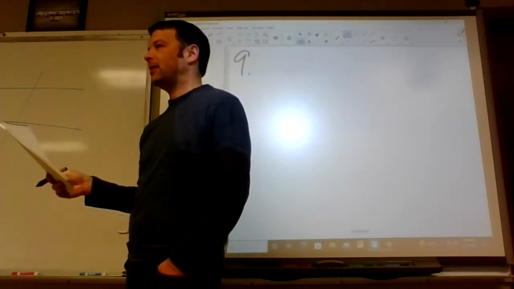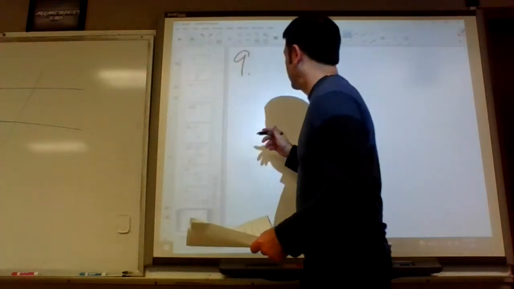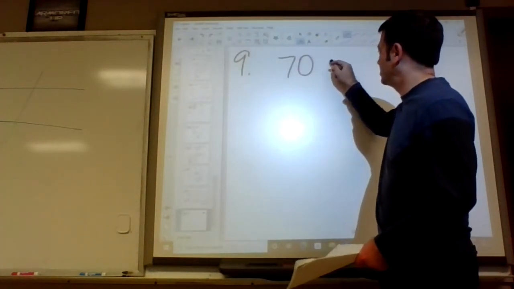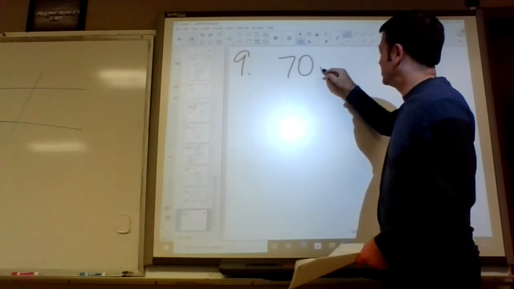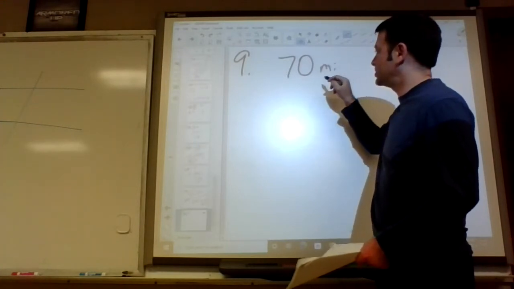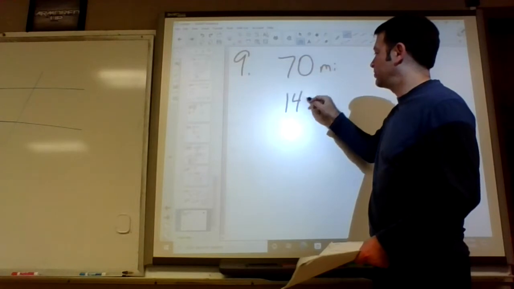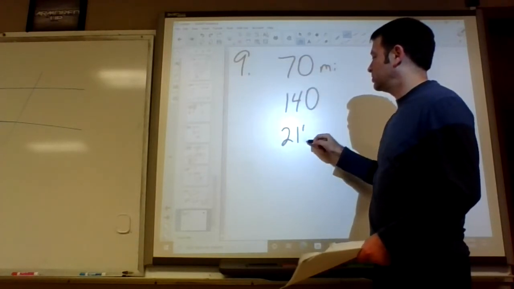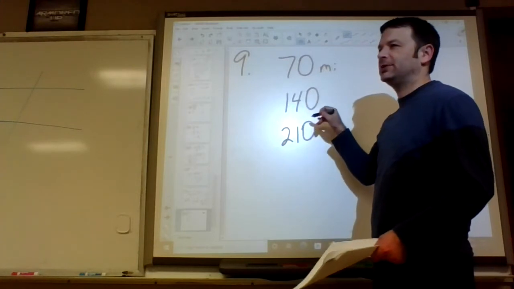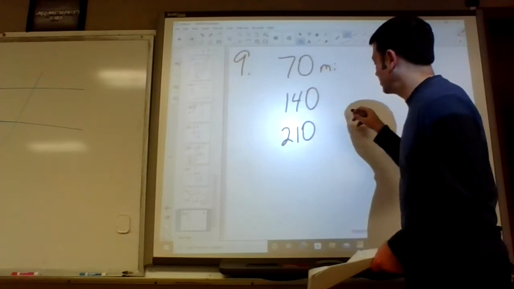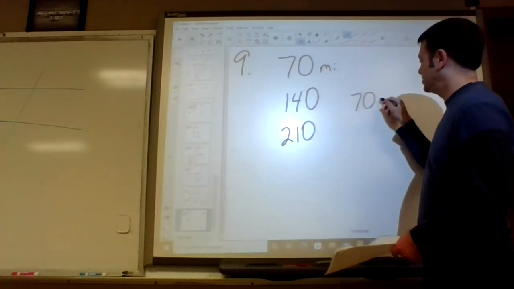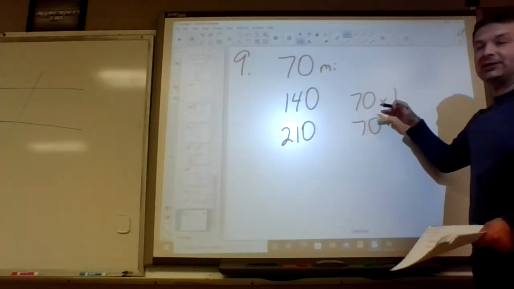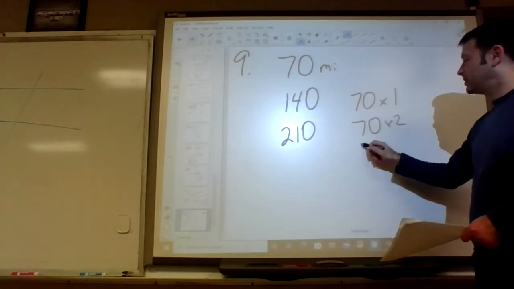A little bit more than 35 miles. So in 1 hour, she'll go 70 miles. In 2 hours, how far will she get? 140. In 3 hours? 210. Okay, what are we doing to find these numbers? We're doing her speed times how many hours she traveled, right? Rate times time. You remember that? Distance equals rate times time.